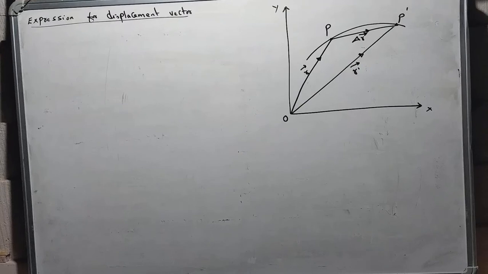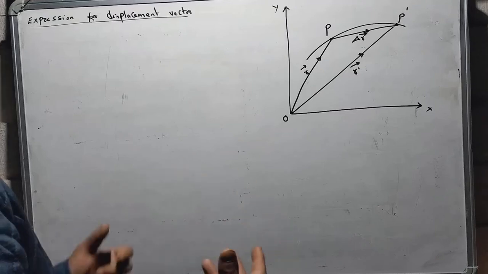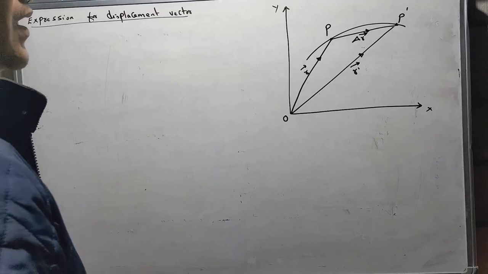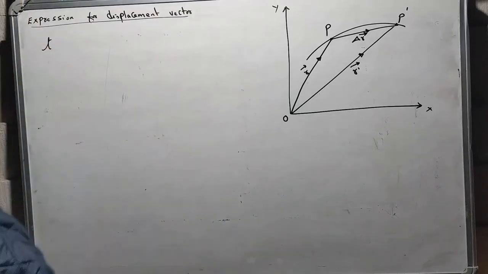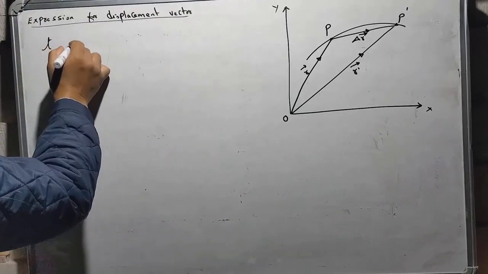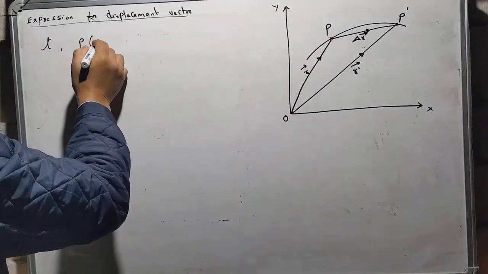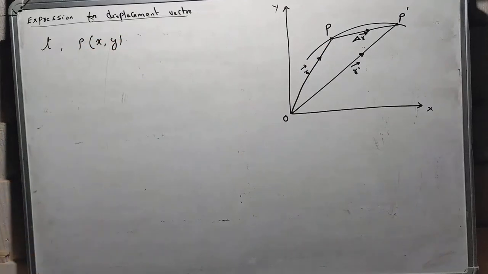Next is the expression for the displacement vector. As shown in this figure, we consider a particle moving in the xy plane. Suppose at a time t, the particle is at this point P with coordinates x comma y.